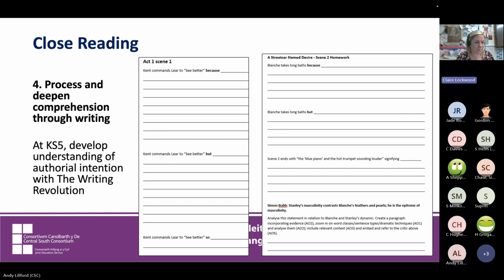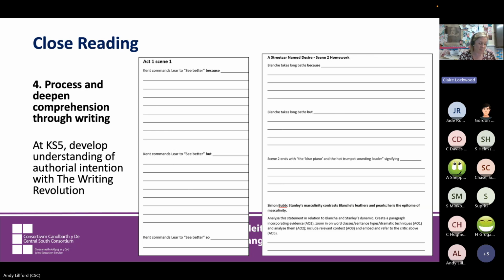In the case of that first part on there, the quote from Kent in King Lear when he says 'see better', it's getting them to understand that it's 2 words and they will remember those words, but how much can they do with it? And if they can take that quote in different directions, it will show the examiner their excellent comprehension skills and their analytical skills, but it will help them to develop within the classroom how they can also recall that information and do more with what they've got.